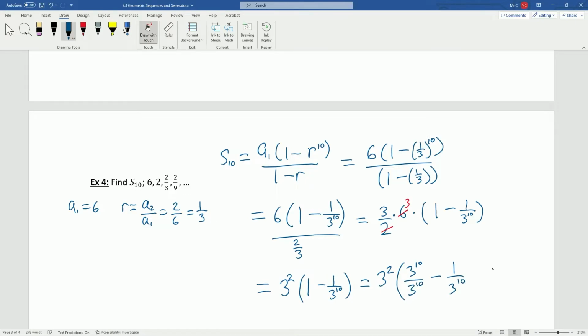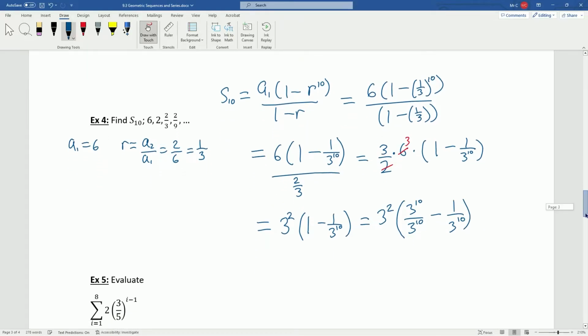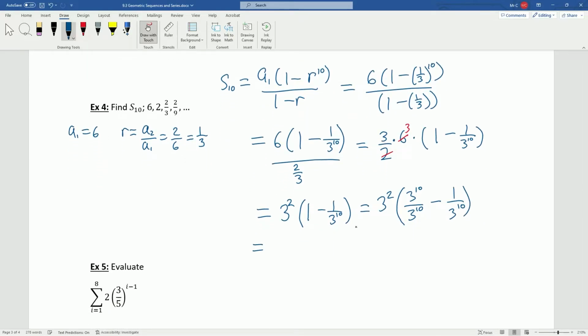Minus 1 over 3 to the 10th. So this is 3 squared times 3 to the 10th minus 1 over 3 to the 10th. So notice that now I have 3 squared over 3 to the 10th. That lets me simplify this to just 3 to the 8th on bottom.